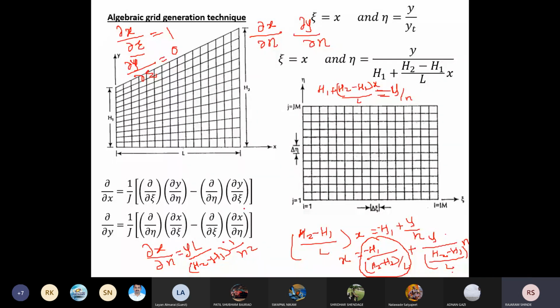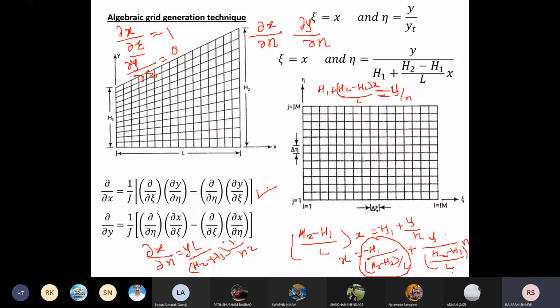Now after that you put all these terms in this equation and you calculate the differential equation for your flow variables. But one more term is remaining. We have calculated the derivative of x with respect to η.